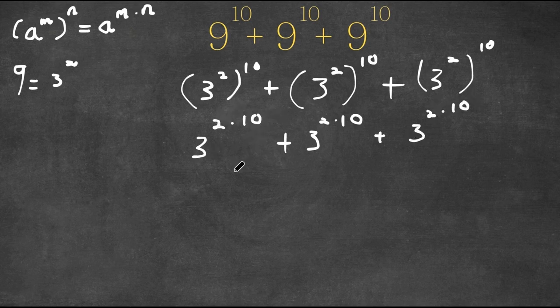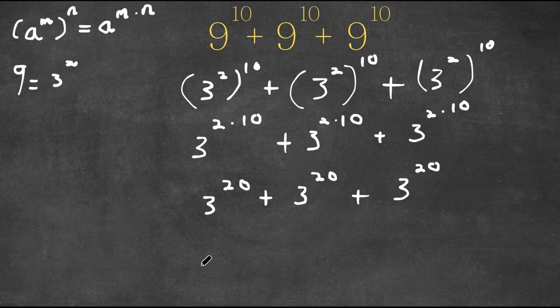Now 2 times 10 is 20, so we have 3 to the power of 20 plus 3 to the power of 20 plus 3 to the power of 20.